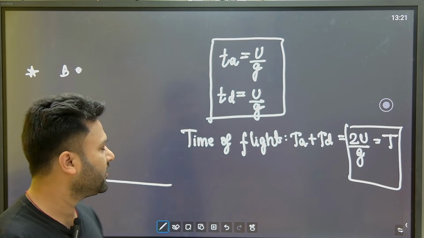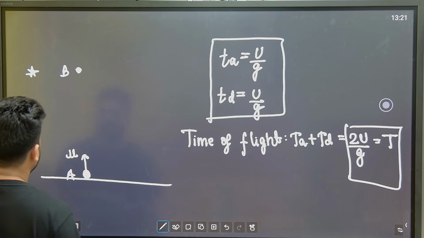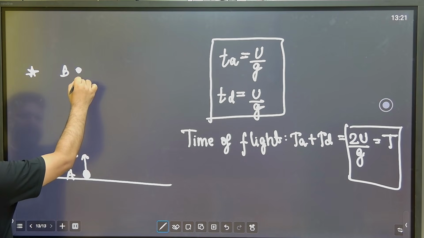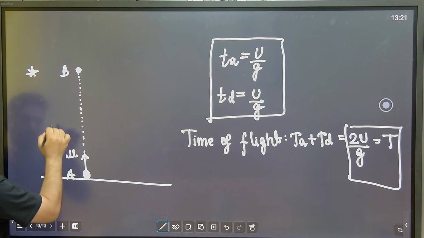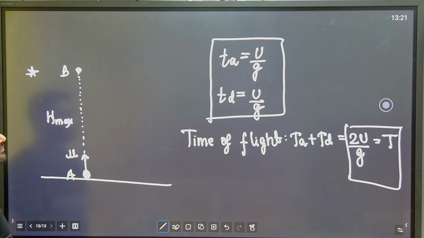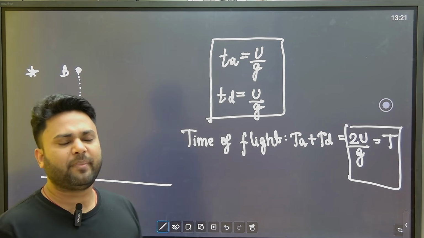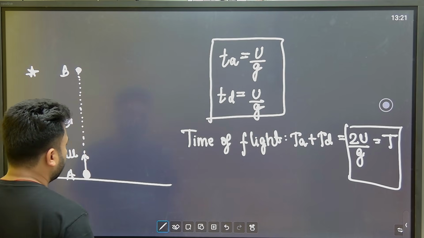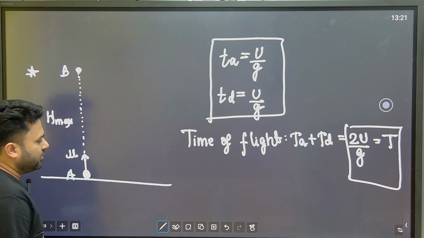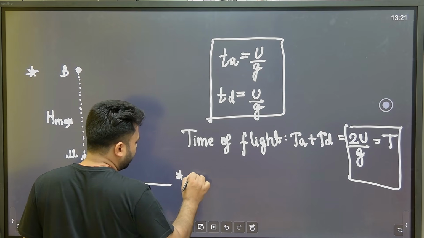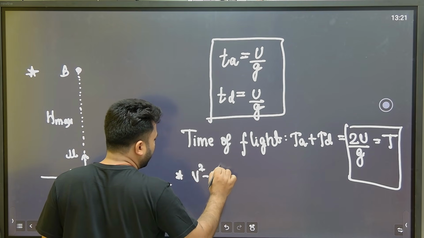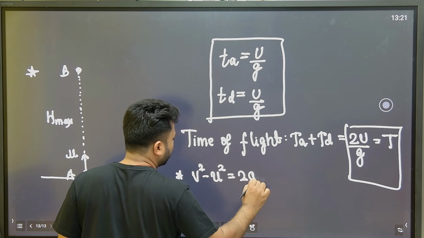Correct? Then they ask what is the maximum height reached by the object, H max. You can calculate H max using this formula: v square minus u square equals 2as.